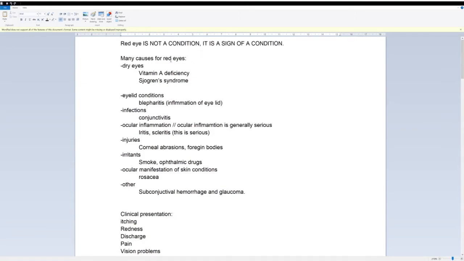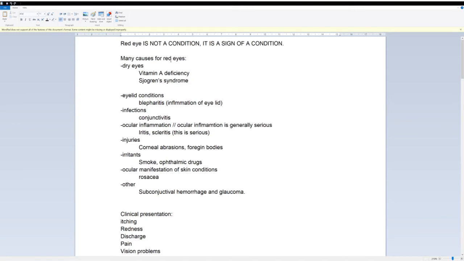I just want to go over the algorithm because I think it'll be very helpful in trying to keep everything together. So when a patient comes to you and they have red eye, you should first be looking at the discharge, if there is any discharge or not.